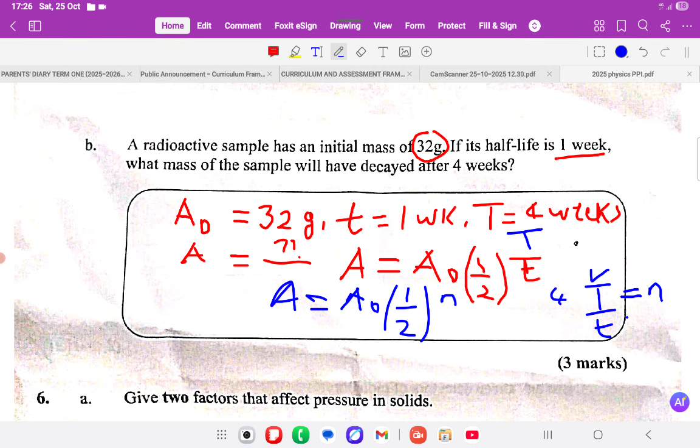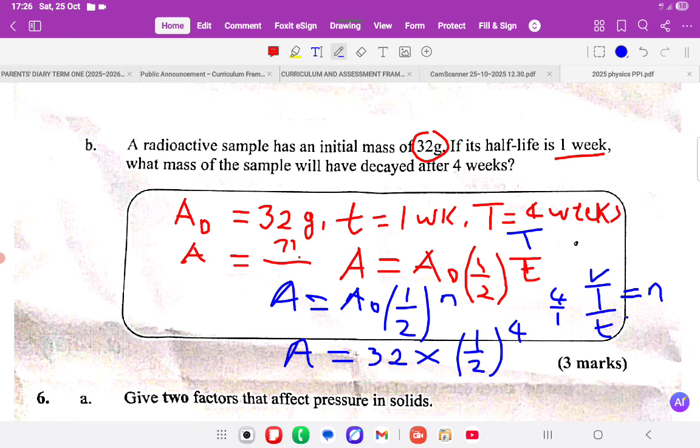In our case, n is simply the given time, 4 weeks, divided by the half-life, 1 week, so n is 4. So A, the remaining amount, is equal to 32 grams multiplied by half raised to the power 4.